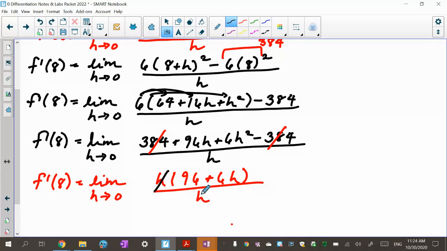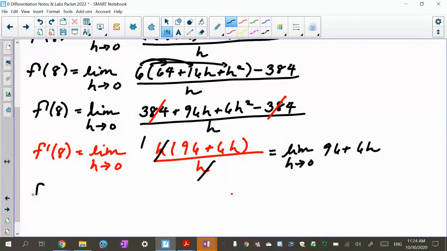Now, these h's divide out to make a 1, which equals the limit as h approaches 0 of 96 plus 6h. Now I'm just going to plug my 0 in. So f prime of 8 is 96 plus 6 times 0, which equals 96.